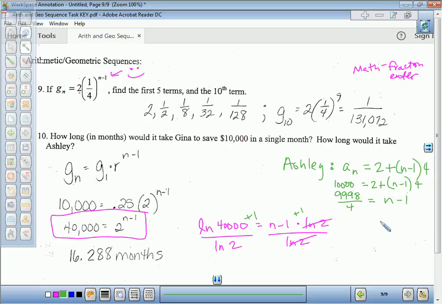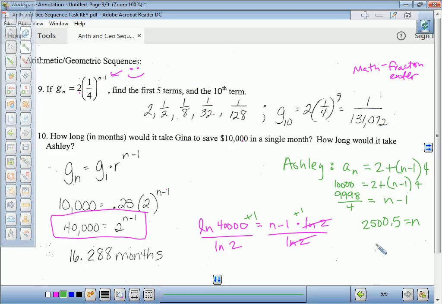And so we get, after 16 months, Gina would get there, but it would take Ashley 2,501 months.